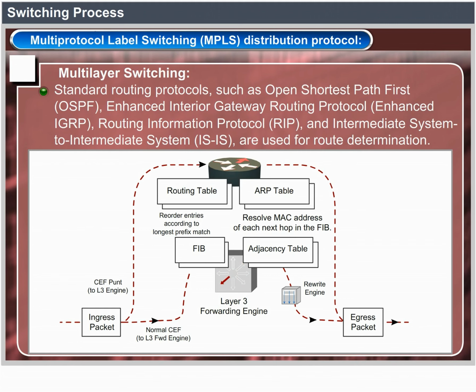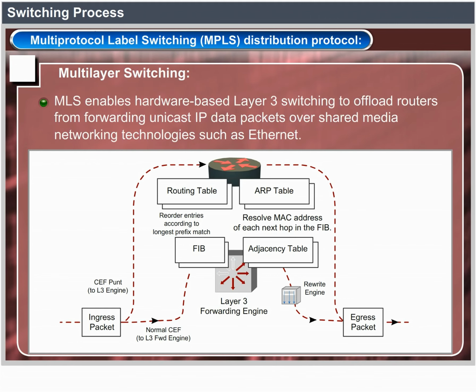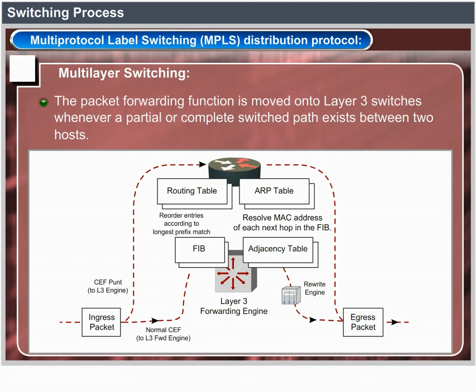MLS enables hardware-based layer 3 switching to offload routers from forwarding unicast IP data packets over shared media networking technologies such as Ethernet. The packet forwarding function is moved onto layer 3 switches whenever a partial or complete switched path exists between two hosts.